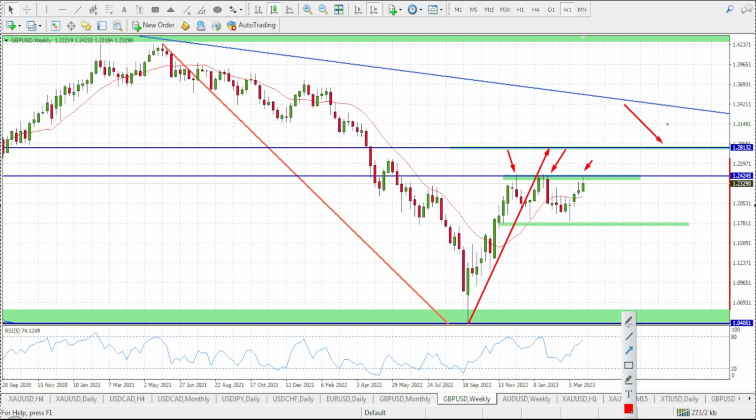I will be clearly looking at this area for sell opportunities, some nice ones. Let's see. So on the weekly it tells me, no, don't buy me. I have just been rejected from a very key level.